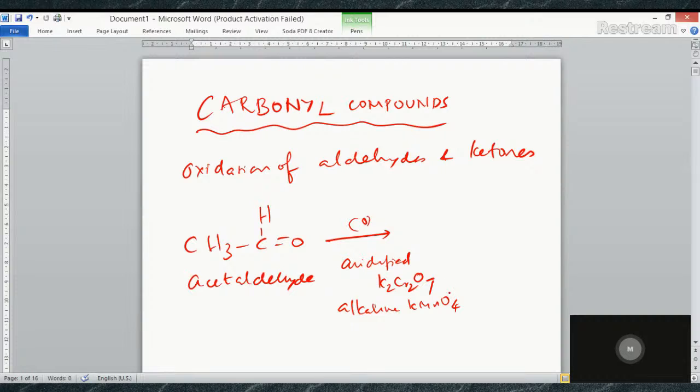By using one of these oxidizing agents, an oxygen can be incorporated into that, so that it can be changed into a carboxylic acid like this. The carboxylic acid formed here is called acetic acid, also called ethanoic acid. The compound's name is ethanoic acid.